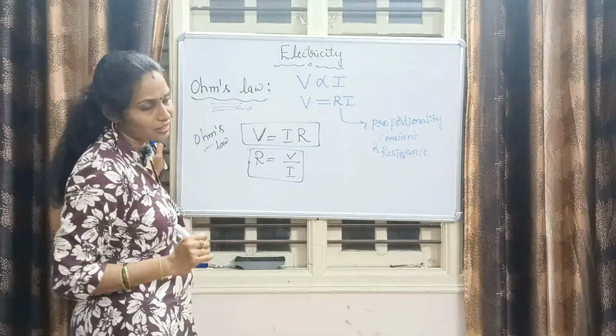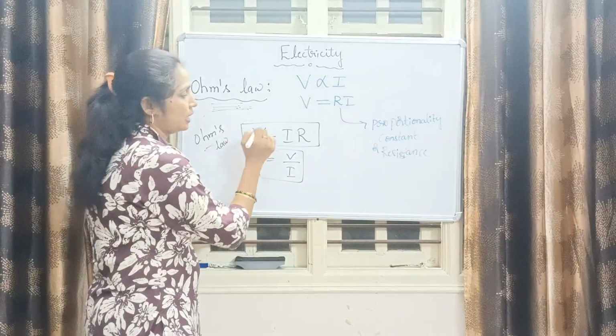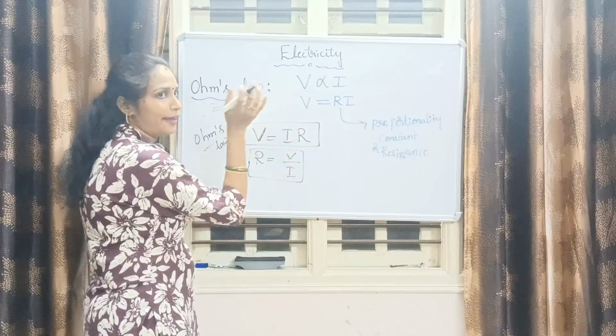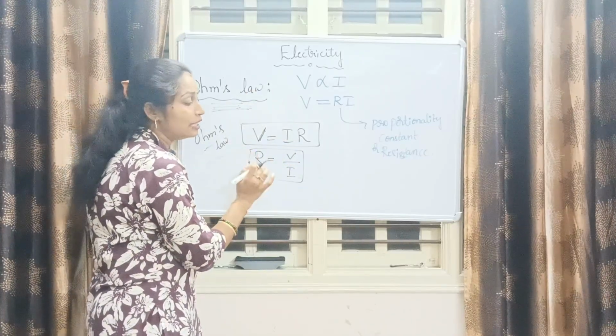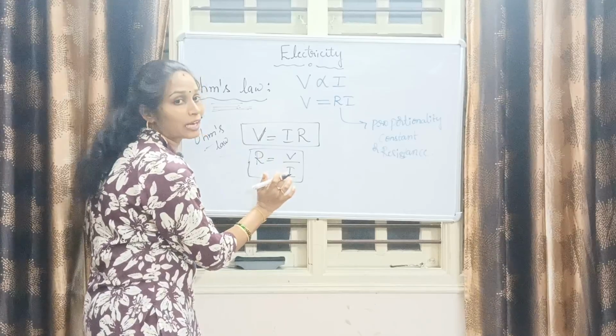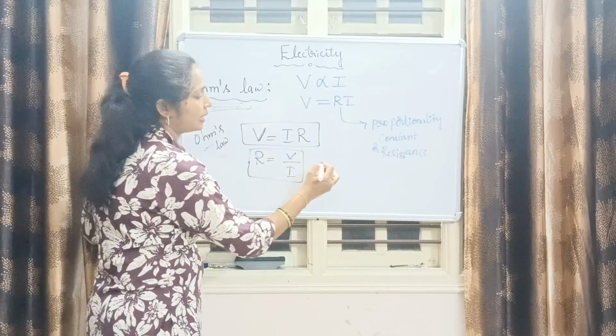So this V and I are directly proportional, but R is inversely proportional to the current, guys. Got it?